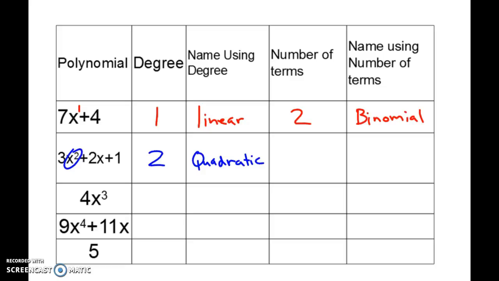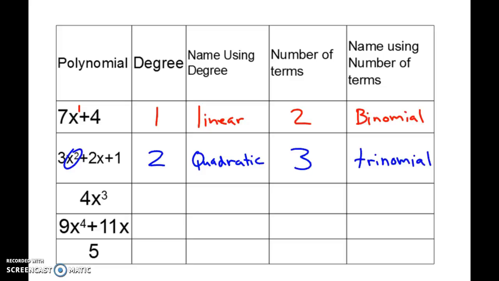Well, we have 3x squared, that's 1. 2x, that's a second term, and then the constant of 1, that's 3 terms. So that's a number of 3. And we have what we call a trinomial. Trinomial. Most of the problems that you're going to be seeing in this class are going to be at the most a trinomial.